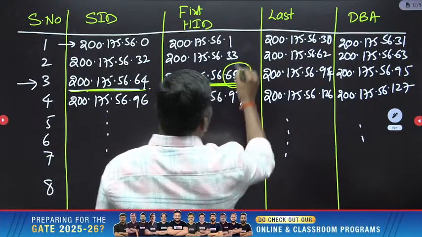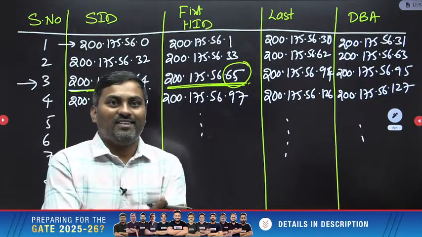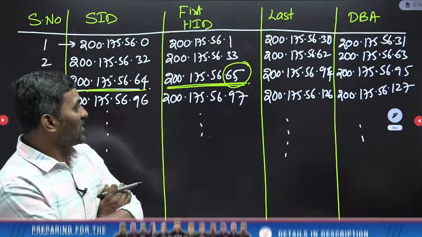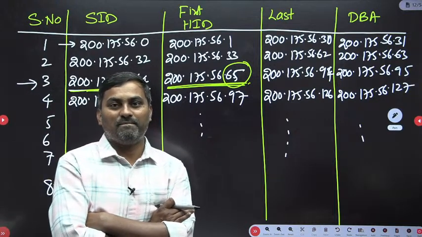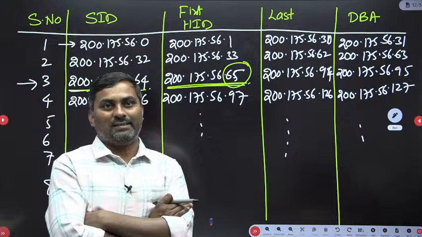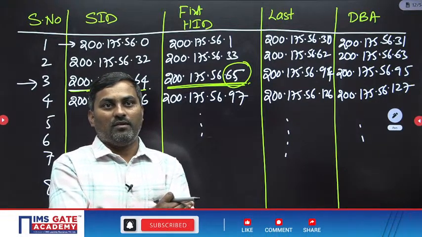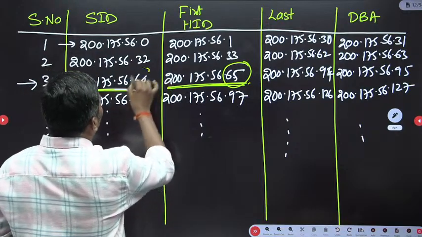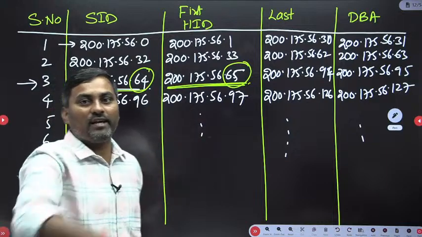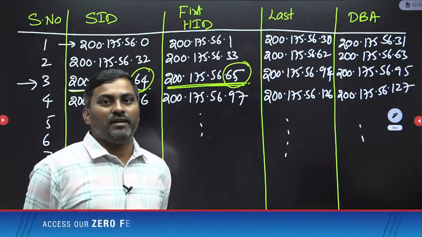First host ID, this one, right? Simply can I add the subnet ID plus the 10th host? If I add 10, can I get the answer? JP? Yes. Vinay?